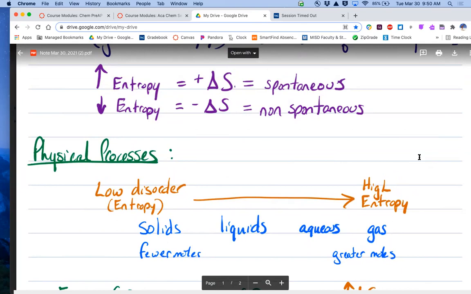Then liquids, then aqueous solutions. I need to ask you if you remember that. Then gases. And then fewer moles or greater moles, ignore that for now, because that needs to be in chemical processes. So we'll put it down there when we get there.